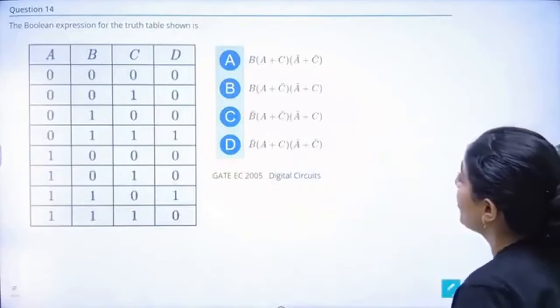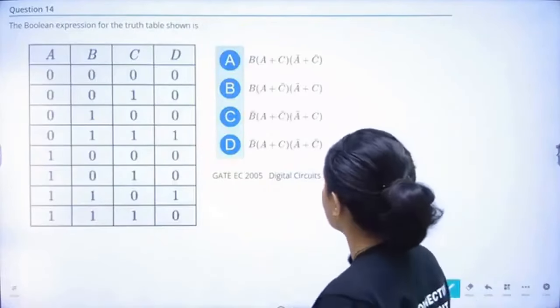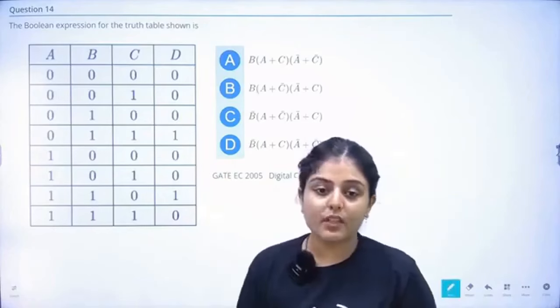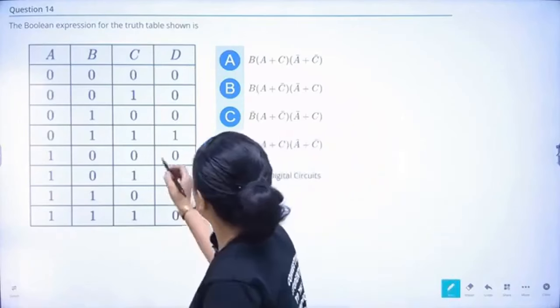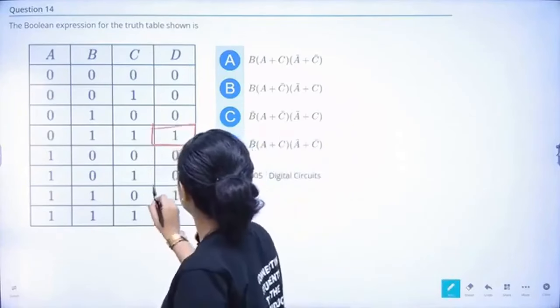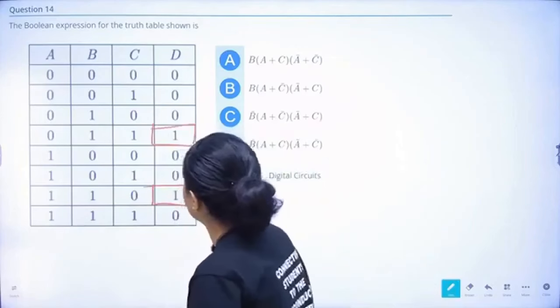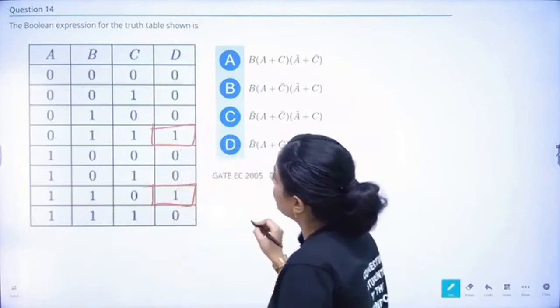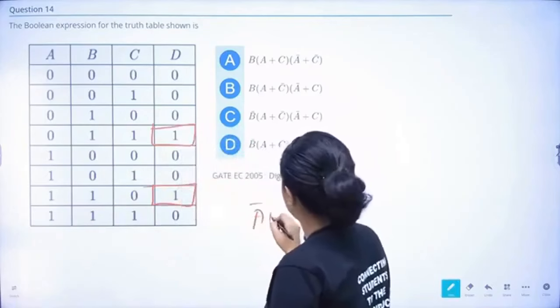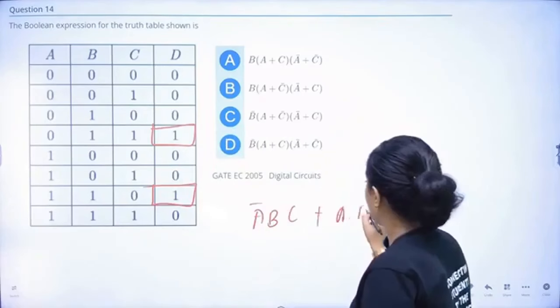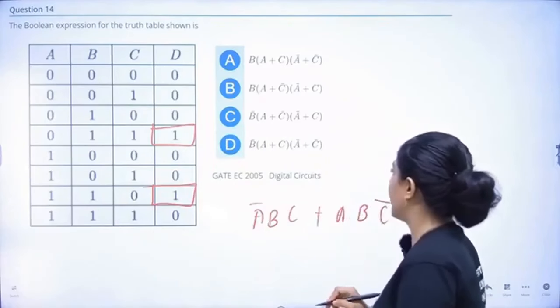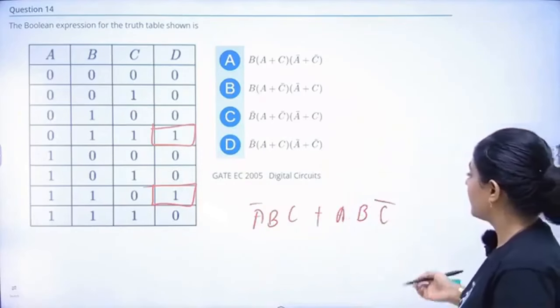Next question. The Boolean truth table. There is some table. Find out the expression D. D is equal to A bar plus A. This is what you are getting.